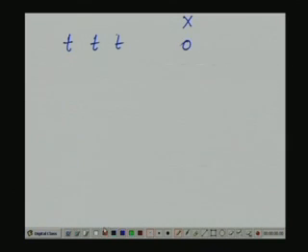Then T, T, H, it takes the value 1. Then T, H, T, again it takes the value 1.